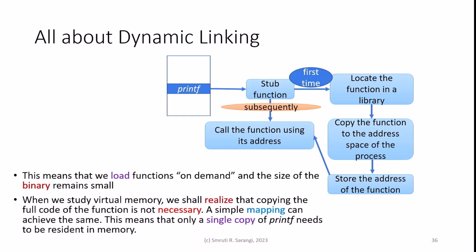And the stub function locates the library, and then the library locates the function, and then you compute the address accordingly. All right, and then you store the address. So now the address is there in your address space, the function is there, and the address is stored. So the next time printf is called, you don't have to do this entire exercise, right? All that you have to do is just simply jump to that address because it's anyway mapped.